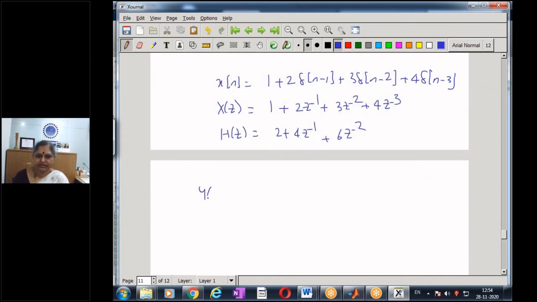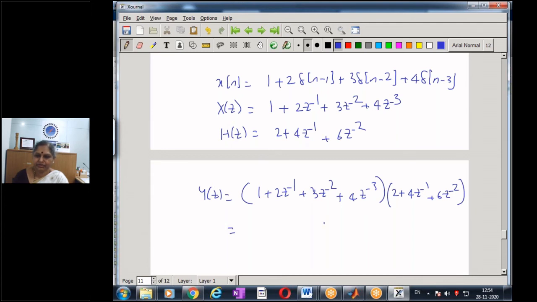And then what is my Y of z? Y of z is going to be the product of the two: 1 plus 2z inverse plus 3z power minus 2 plus 4z power minus 3, into 2 plus 4z inverse plus 6z power minus 2.